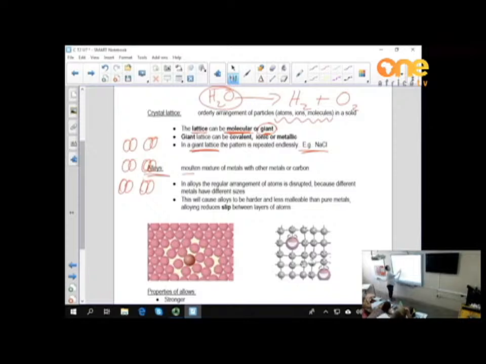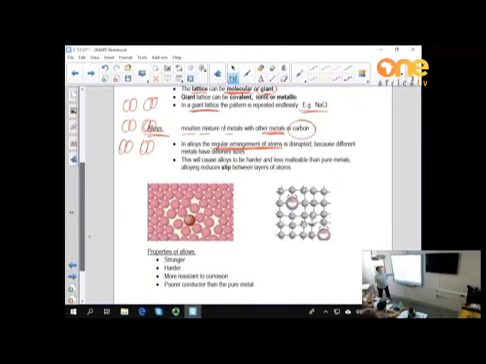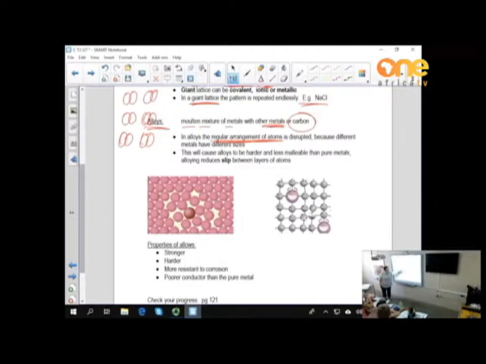Alloys: a molten mixture of metals, as we've said the other day, of other metals or carbon. In alloys, the regular arrangement of atoms, in other words, the crystal lattice, is disrupted. And here I have a picture of what it can be. Here I have a very orderly arrangement of particles. And then this pattern gets disrupted because I have a bigger particle in between.